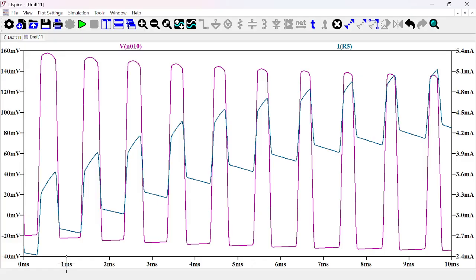160, but they are clipping. I don't have enough headroom.